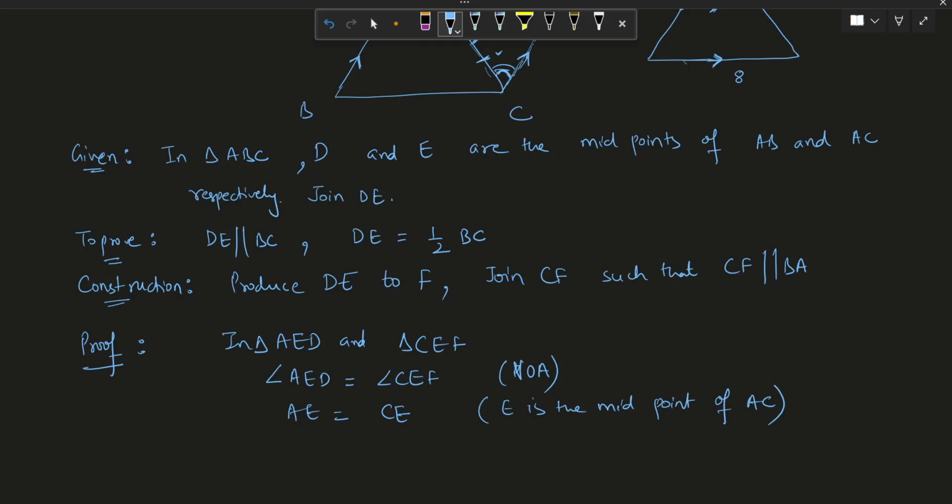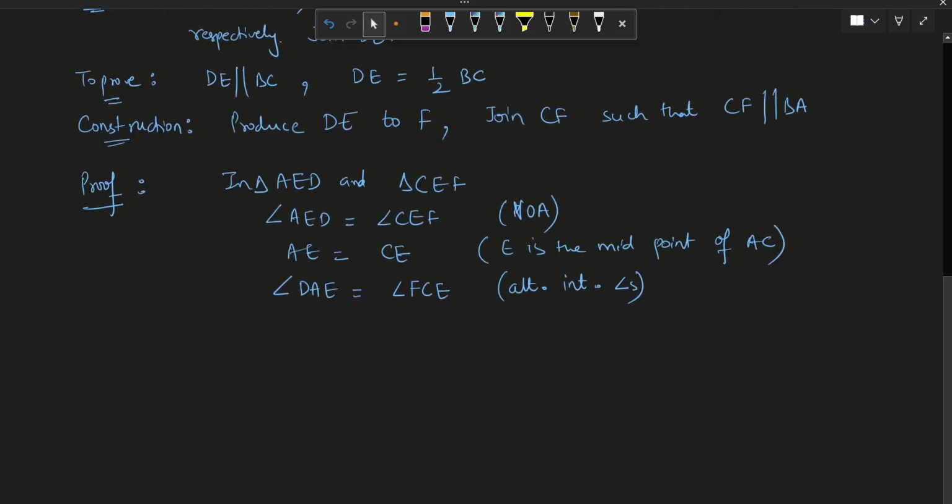Then I have angle DAE equals angle FCE, alternate interior angles. So by what rule are the triangles congruent? By ASA, triangle AED is congruent to triangle CEF. I hope this much is clear.